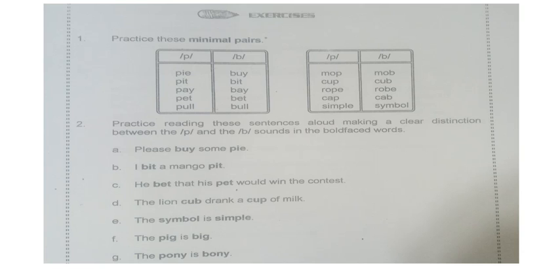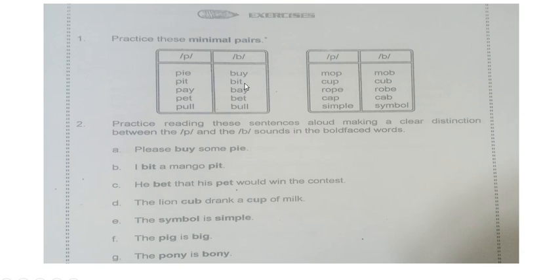People, in this case we have some exercises here in your book. Please go to your book and do these exercises. You have to practice in the first part the minimal pairs, okay? They are words that are pronounced similarly except for one feature. For example, in this case you say pie, and this one is buy.